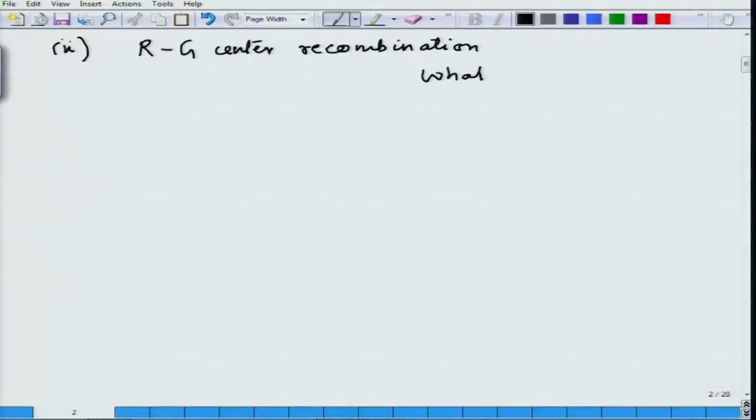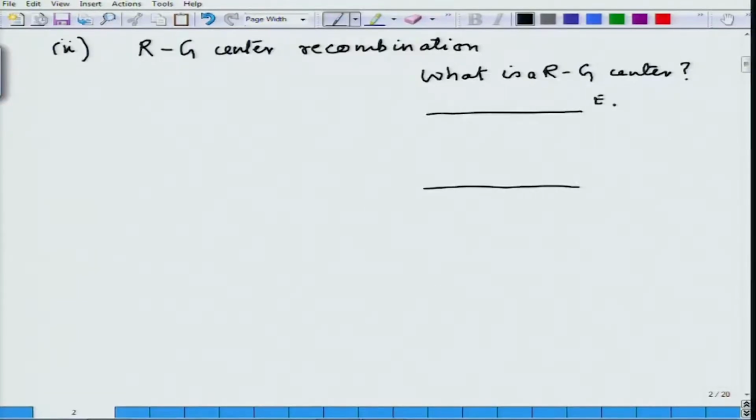You have already studied in earlier modules that in order to make an intrinsic semiconductor extrinsic, we put some dopants which act either as donors or acceptors, and they contribute electrons and holes by thermal excitation to the conduction or valence band. RG centers are also impurities, but the difference between RG center and donors and acceptors is that donors and acceptors exist very close to the respective band edge.